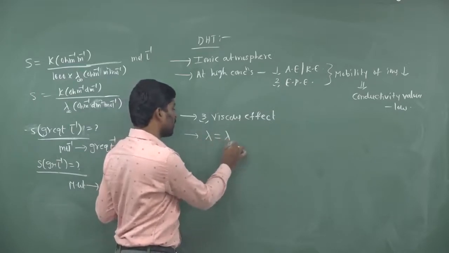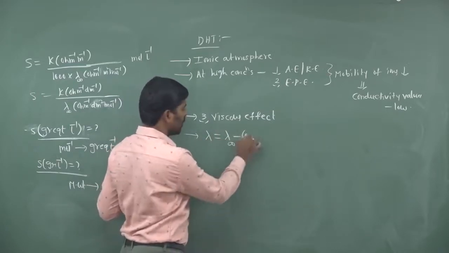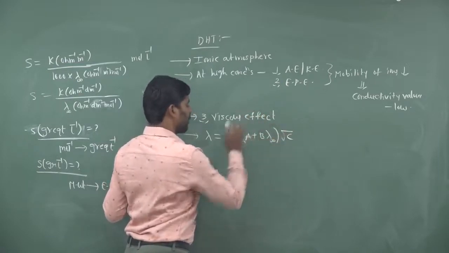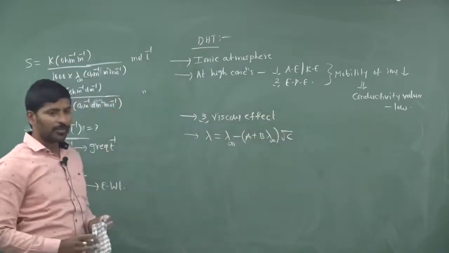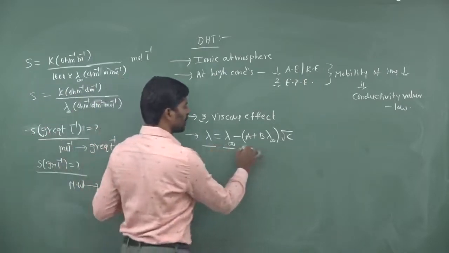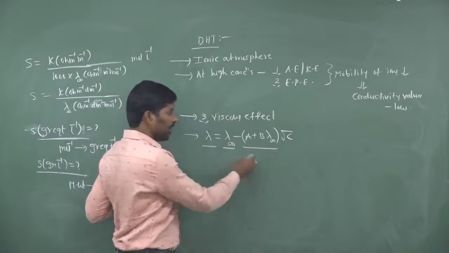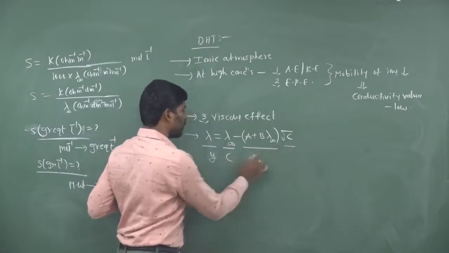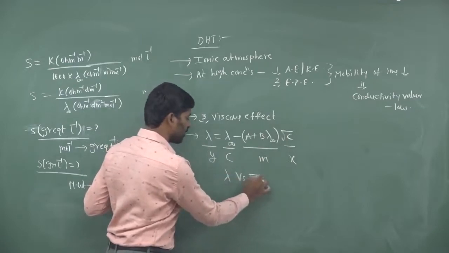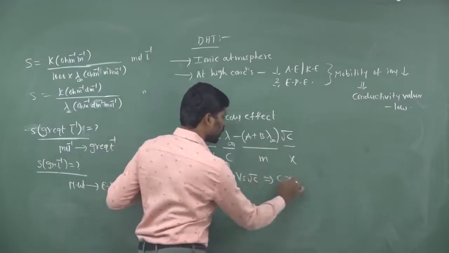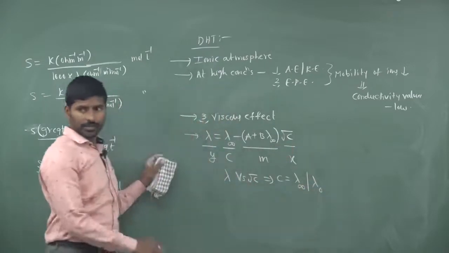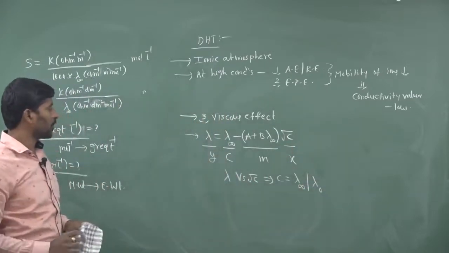Lambda is equal to lambda infinity minus (A plus B lambda infinity) root C. Questions were repeatedly given from this equation. It is in the form Y is equal to C plus mX. So by taking a plot of lambda versus root C, from the intercept we can calculate what? Lambda infinity or lambda naught of a strong electrolyte.